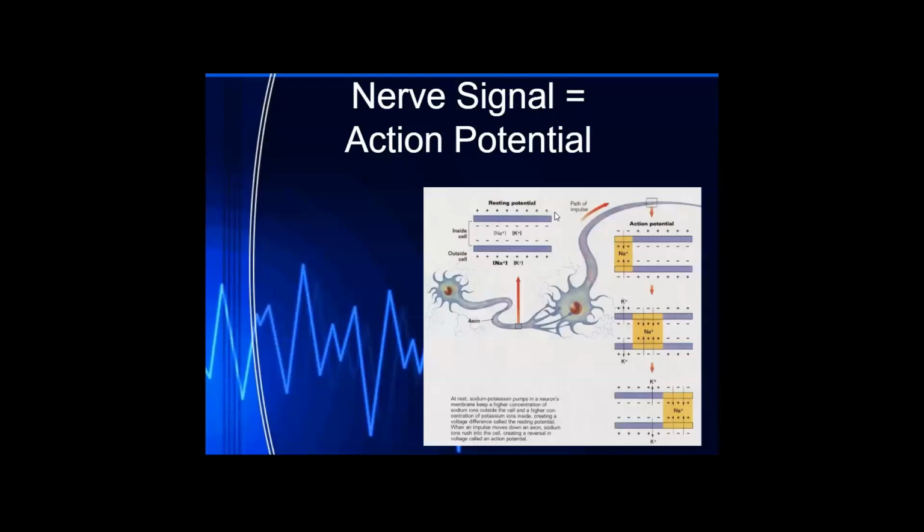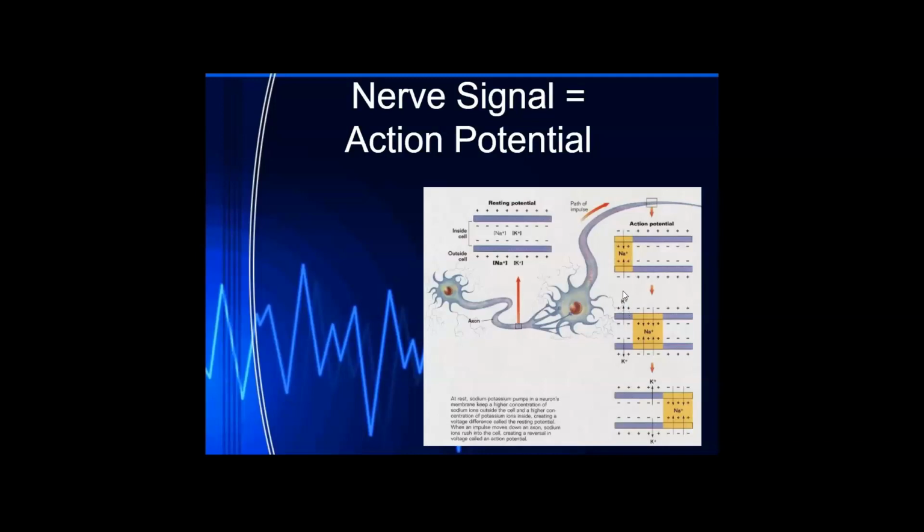Notice the positive charges on the outside, the negative charges on the inside. Sodium is typically in a higher concentration outside of the cell than inside. When sodium comes in, as you see here, the inside becomes positive compared to the outside, because sodium is a positively charged ion, which causes potassium channels to open.